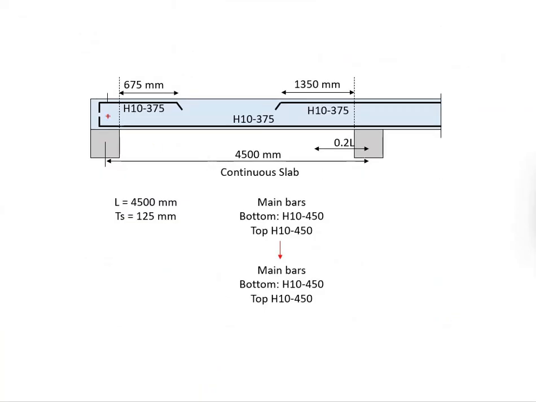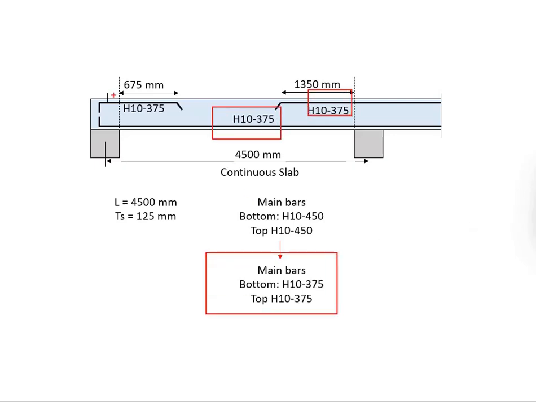Finally, the provided amount of reinforcement bar will look something like this. The initial plan was to have H10-450, but you know that there will be an issue with the As minimum and the maximum bar spacing. After revisions, we use H10-375 without any curtailment.